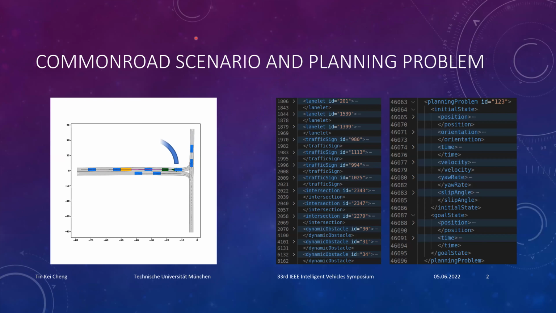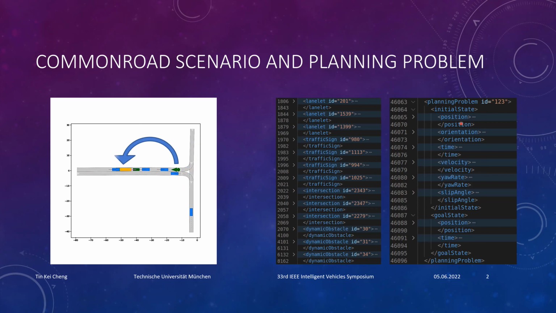So the CommonRoad scenarios are in XML files. From my point of view, half of it is the environment, and half is the planning problem. The environment contains the lanes, which are separated into smaller lanes, and some obstacles or dynamic obstacles that are the other cars.